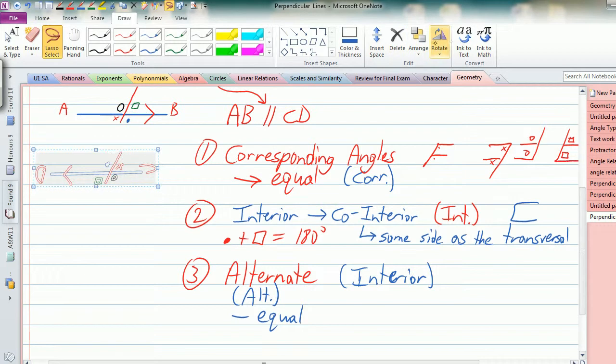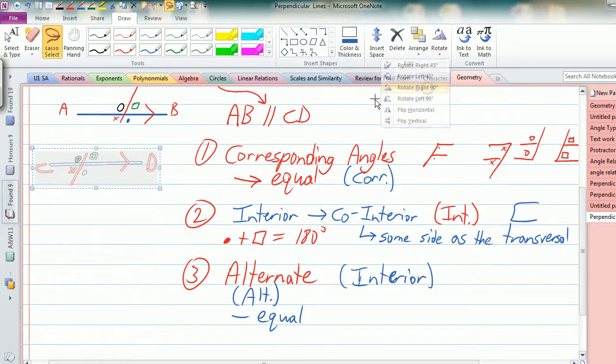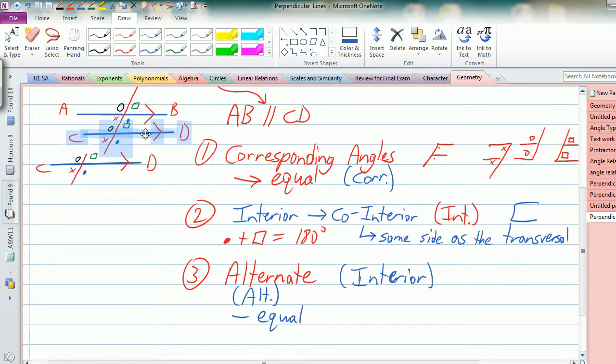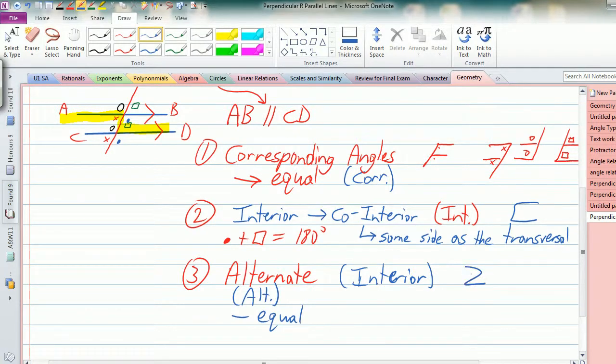So I will unflip it, unrotate it. And so we can say that this green square down below is the same value as the X up top. Makes the letter Z or the letter S. Okay? So those are the Z angles.